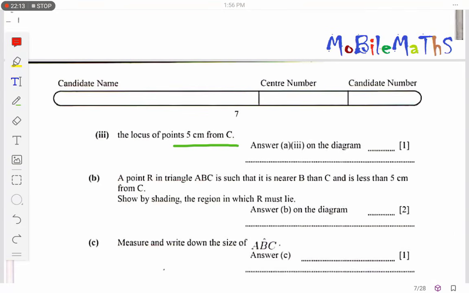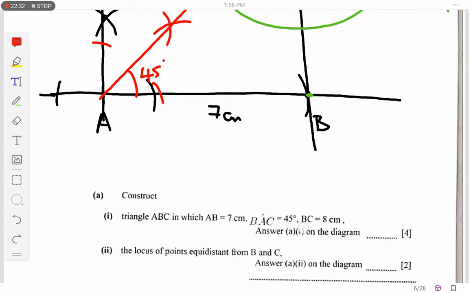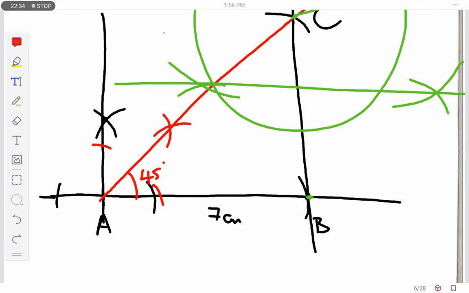A point R in a triangle that is nearer B than C and is less than 5 centimeters from C, then show by shading the region. So basically here we want to shade. Let's go and see where we have that point there.